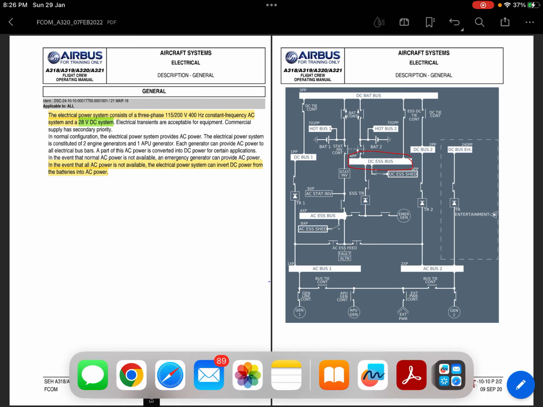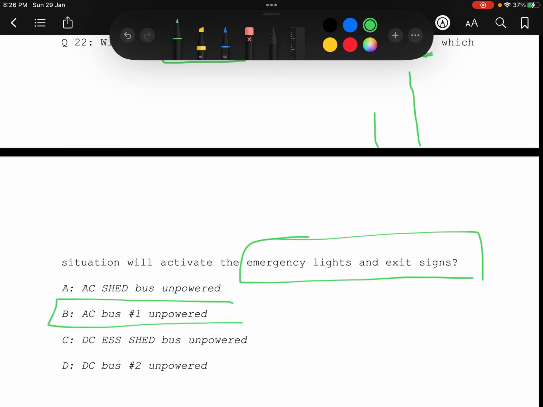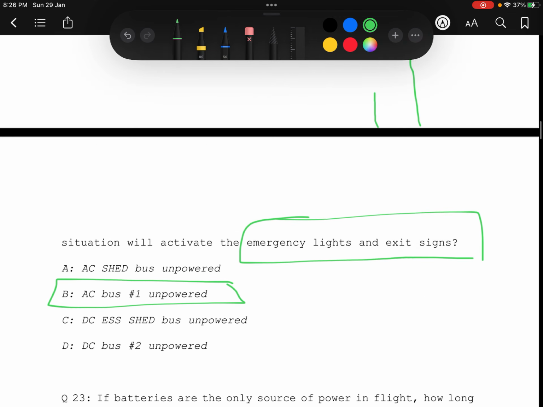So for this question they are asking about emergency lights and exit signs, so it is AC bus 1 which is unpowered, right? If it were escape lights, then it would be the DC essential bus.